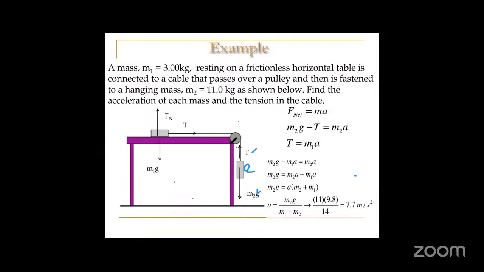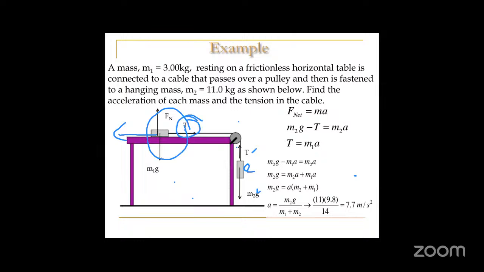Now, coming to the first mass, the system, according to the question, is frictionless. So there is no frictional force along this direction, which implies that we have only one force. The F net will be only the tension force.